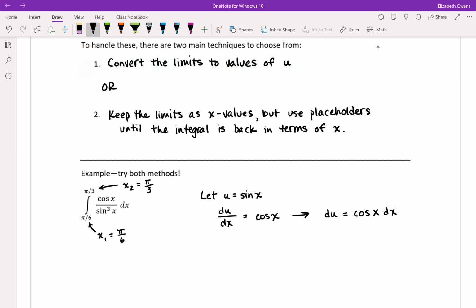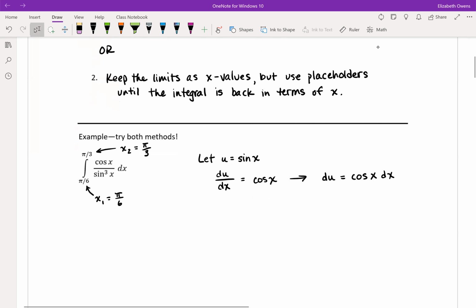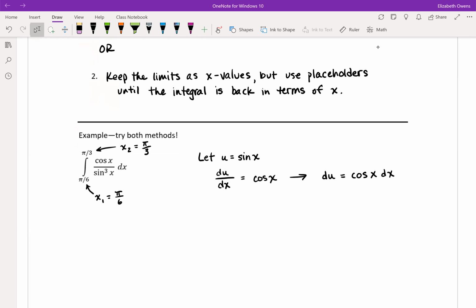When the rest of this integral is in terms of u, we don't want to have these x limits hanging on there. That's no good. So we need to convert, switching the limits to u values.